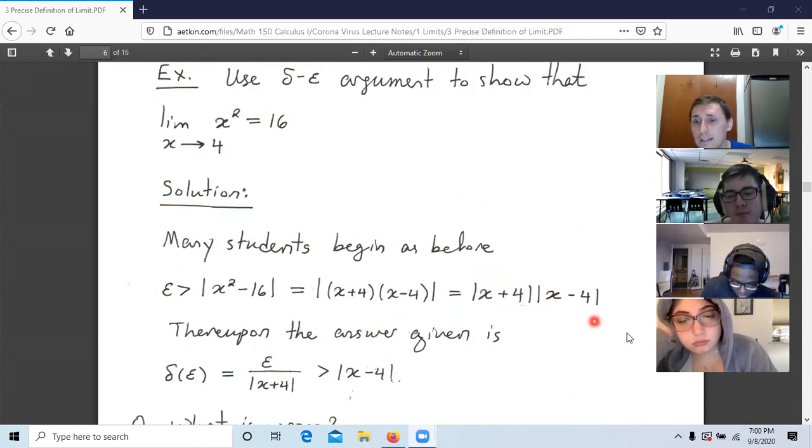As a few of you suggested, I say delta of epsilon equals epsilon divided by the absolute value of x plus 4, and that has to be bigger than x minus 4. That must be my delta, right? Because if I just divide by x plus 4, then we have x minus 4 is smaller than epsilon over the absolute value of x plus 4. With this explanation, how many of you agree? Type Y or something like this.